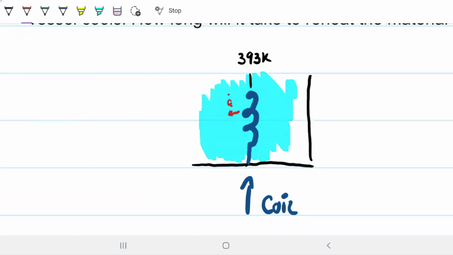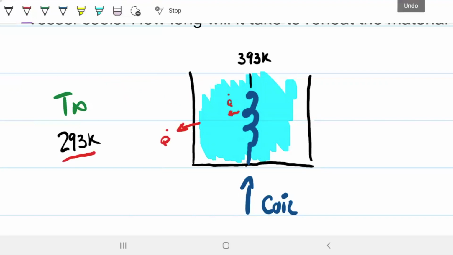That's the idea, because we keep putting more and more energy into this fluid until it reaches that temperature. However, since we have this other term, the more the fluid temperature increases, the greater the delta T between the fluid and T infinity, and therefore the heat loss increases as the heat input decreases.